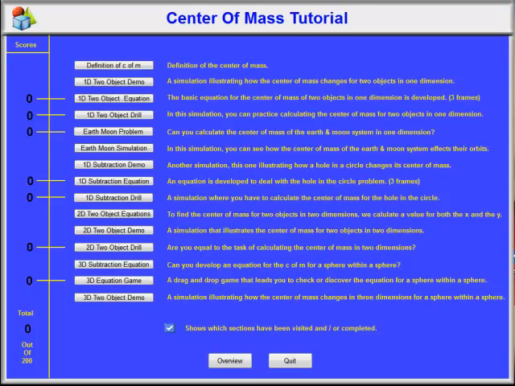There are some special examples like the Earth-Moon problem. There's a quick game where they have to figure out an equation by sort of playing a little puzzle. And as you go through each of these items, a little check mark will be placed next to them to show that you have indeed gone through and looked at that particular area, so you can keep track of where you're at.